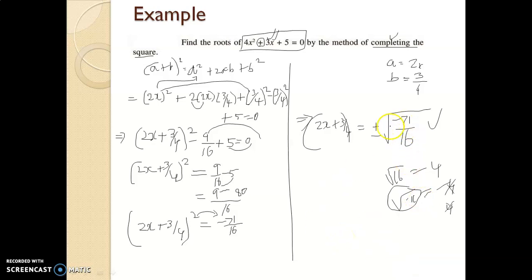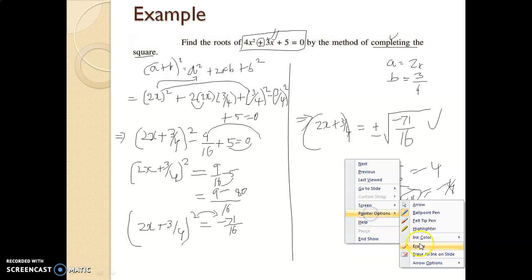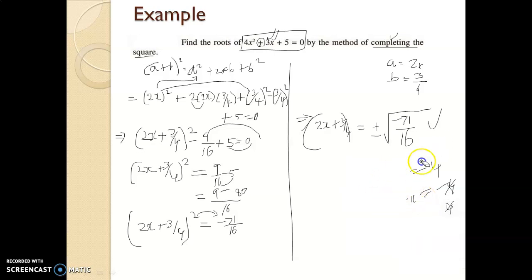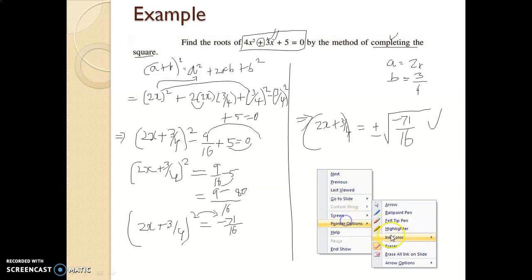Okay, therefore, if a negative number is available inside the square root, it is not possible to find the real roots, the real number roots, for this given equation. So what is the solution now?